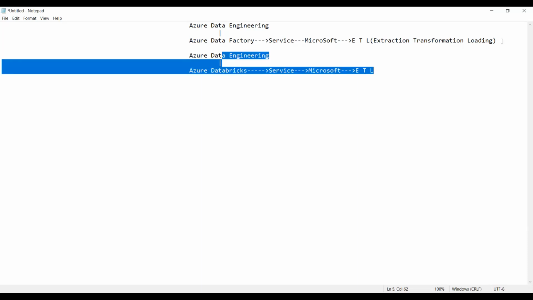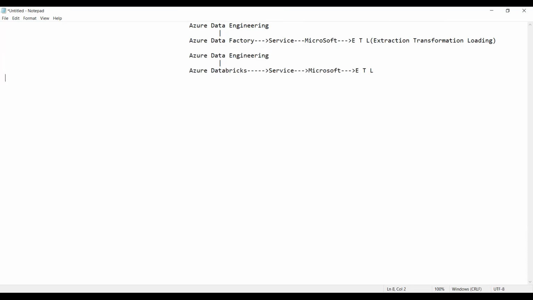And apart from this, we have another very good service provided by Microsoft Azure, which we refer to as Azure Synapse Analytics.